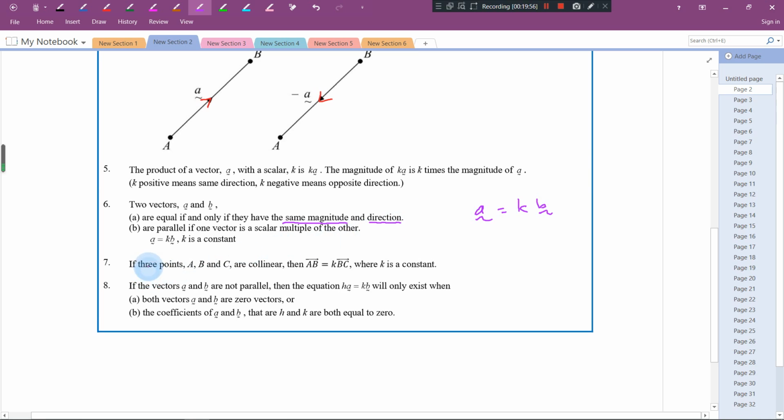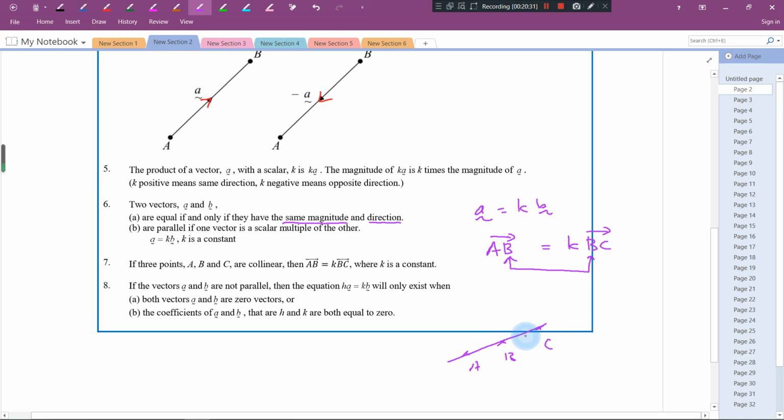Now, if 3 points A, B, C are collinear, look at this one: AB equals K times BC. As I told you just now, if you write like this, and AB and BC are non-zero vectors, it means that AB and BC are parallel, right? But do you notice that there is a common point? It means that they fall on the same straight line.